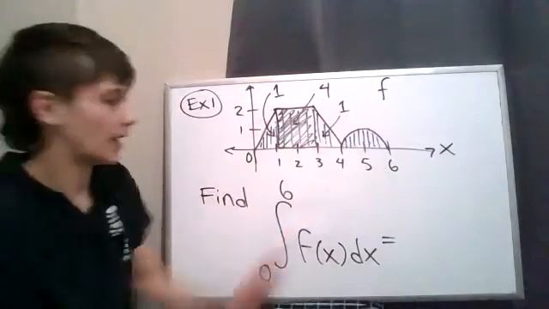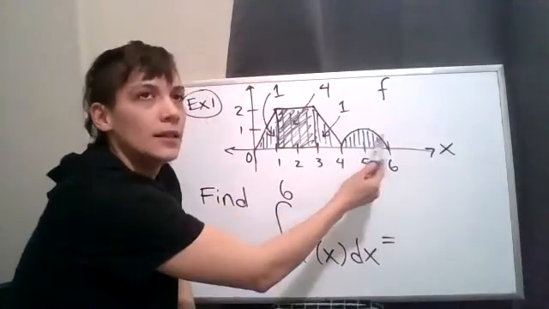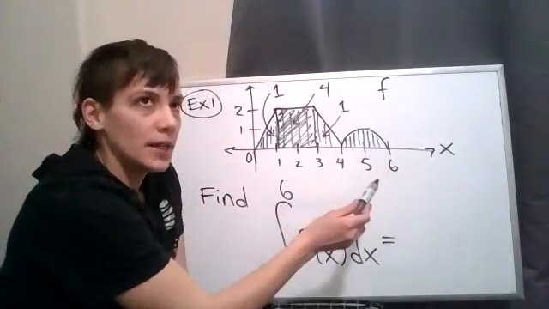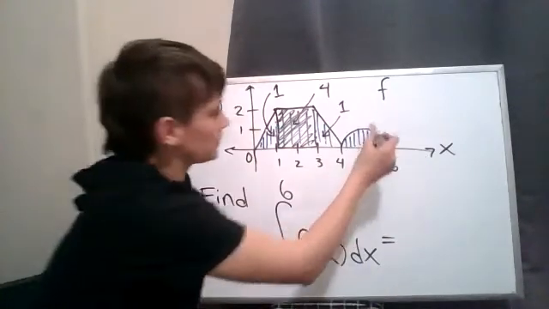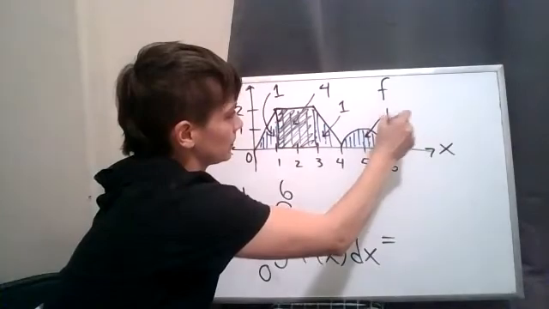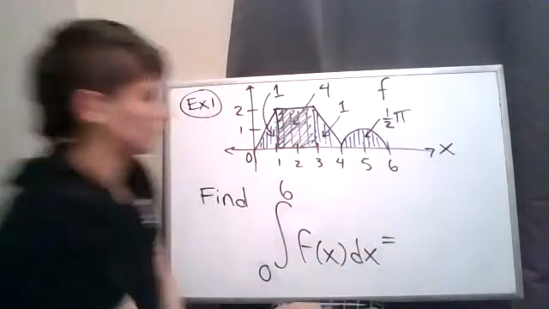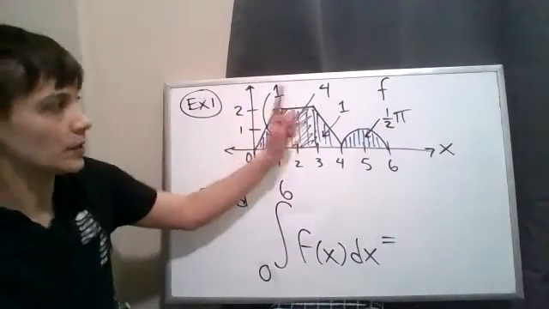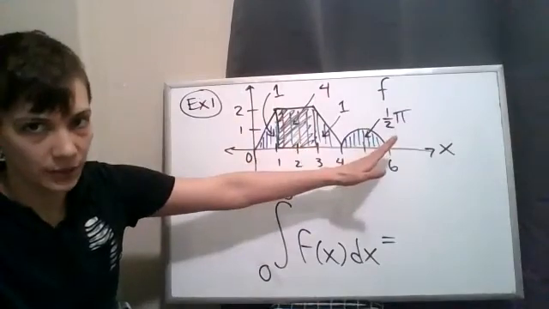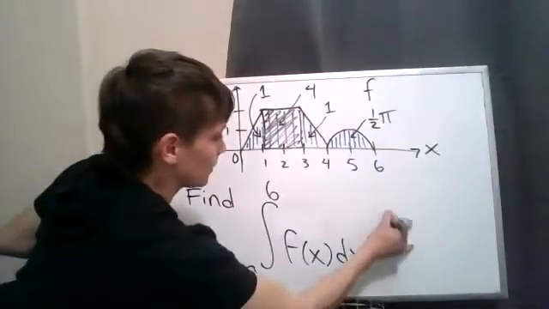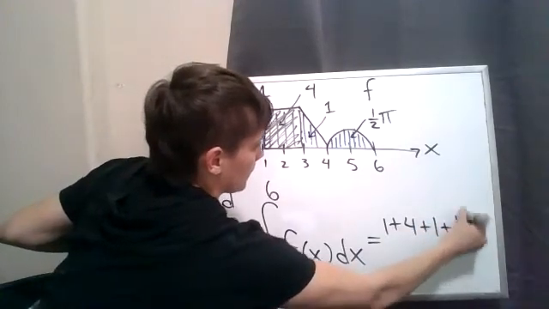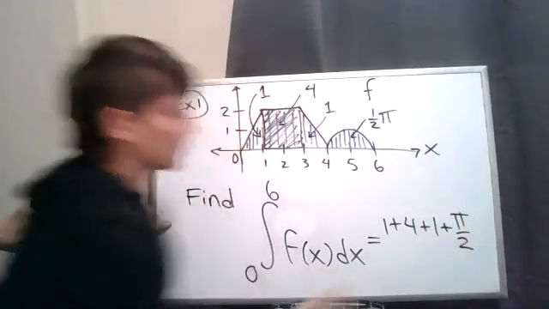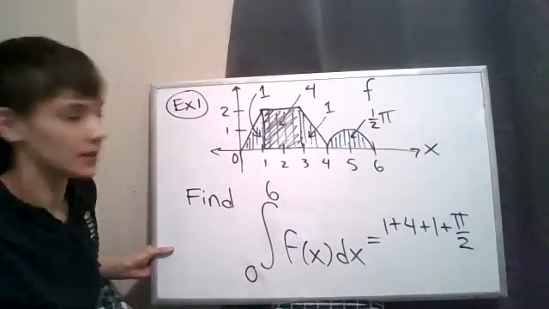The full circle would have pi times 1, and then we cut it in half, so it's 1/2 pi. So 1 plus 4 plus 1 plus pi over 2. 6 plus pi over 2.